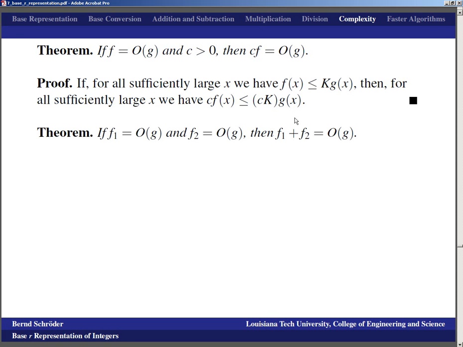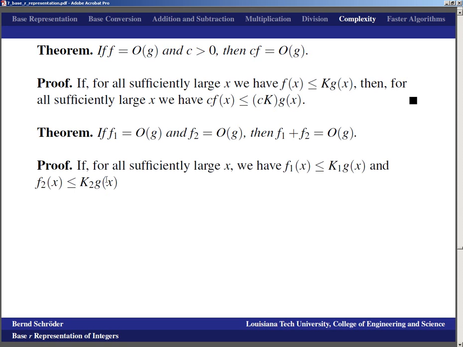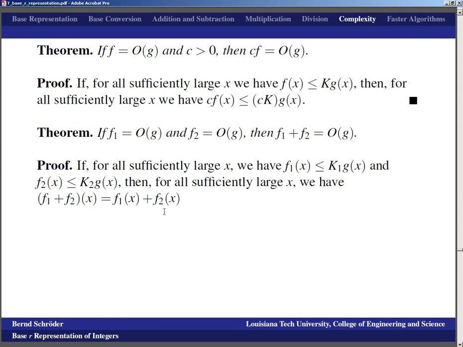If f1 is capital O of g and f2 is capital O of g, then f1 plus f2 is also capital O of g. That's because if for all sufficiently large x we have that f1 of x is less than or equal to k1 g of x and f2 of x is less than or equal to k2 g of x, then for all sufficiently large x, f1 plus f2 of x is f1 of x plus f2 of x.